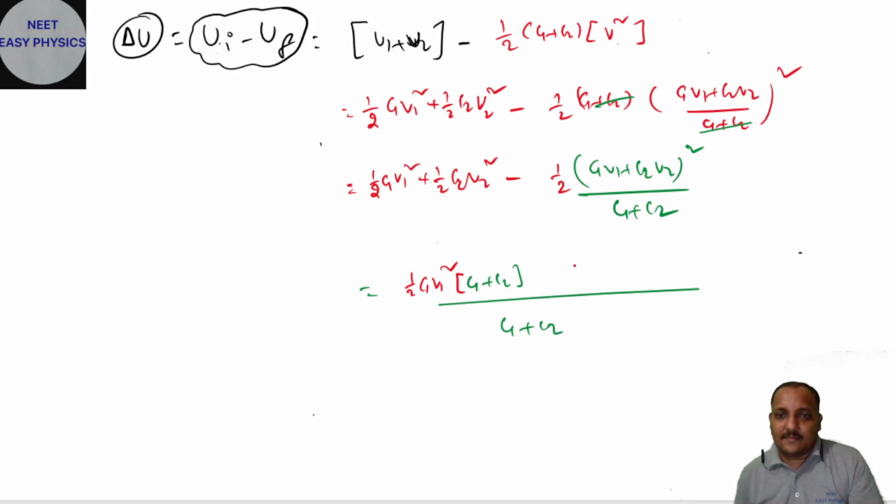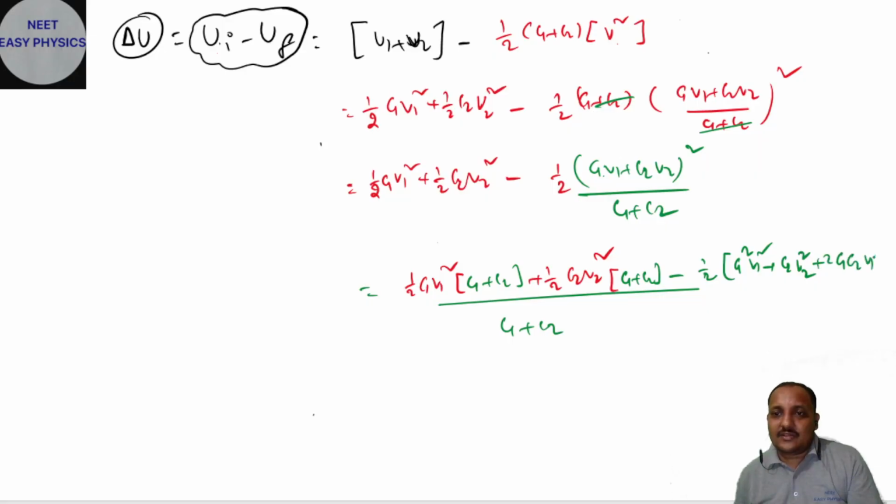plus half C2 V2 square into again (C1 + C2), minus half, if you expand this, C1 square V1 square plus C2 square V2 square plus 2 C1 C2 V1 V2. Correct?